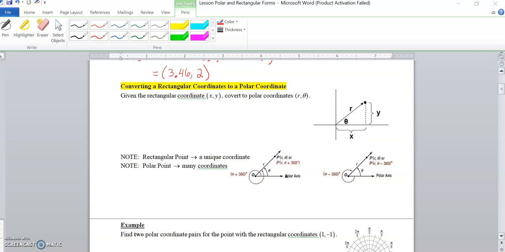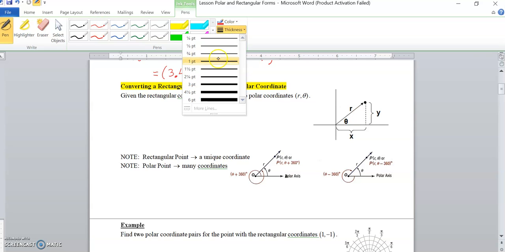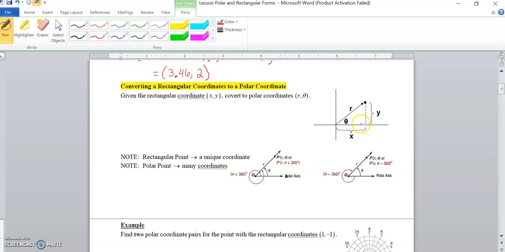So instead, we're going to look at this right triangle. According to Pythagorean's theorem, if we take x squared and add y squared to it, that is equal to r squared.